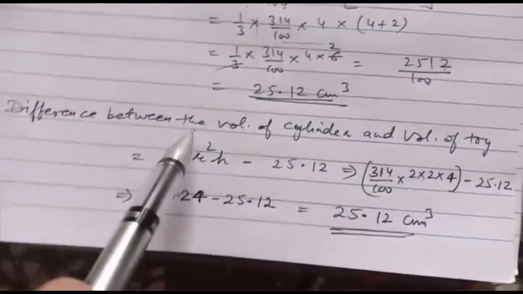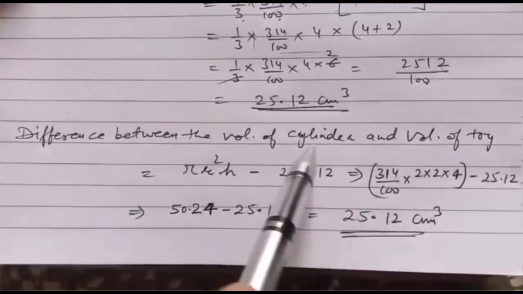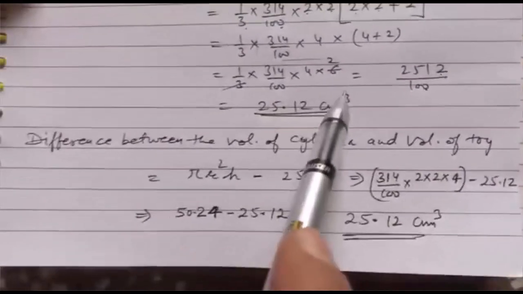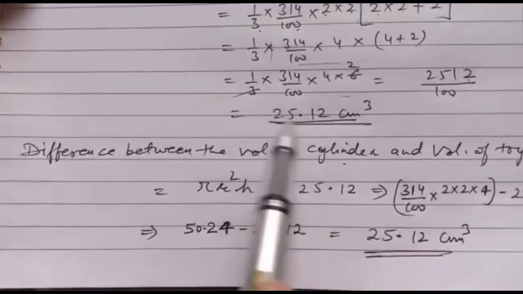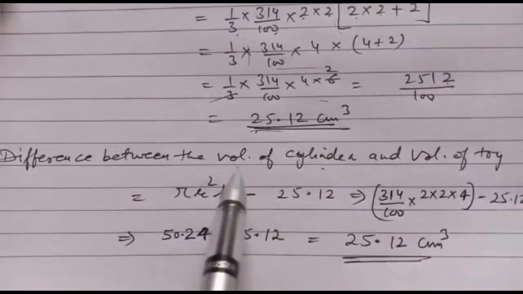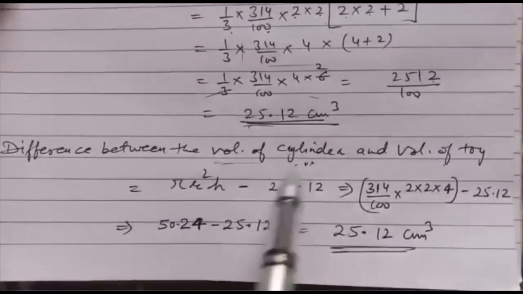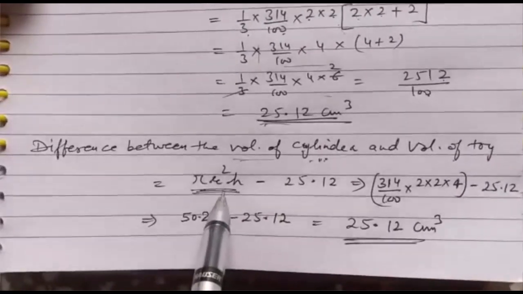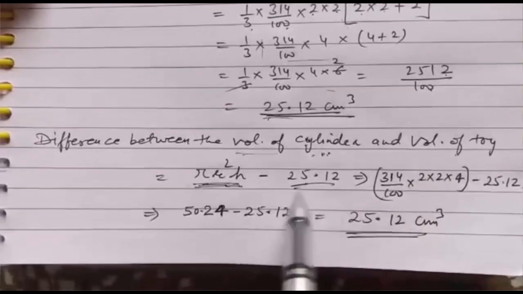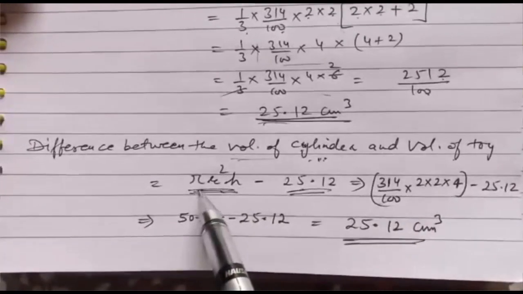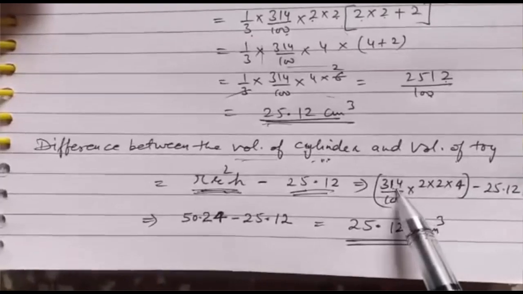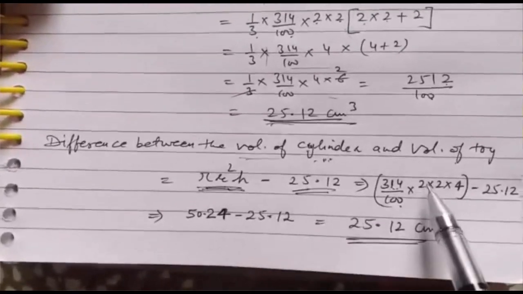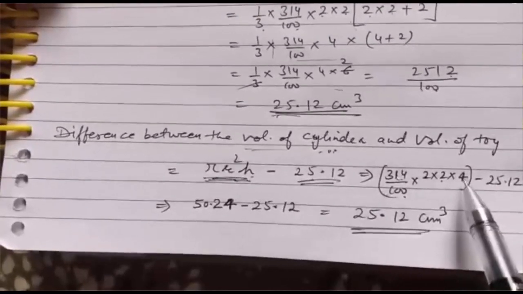Now we have to find the difference between the volume of cylinder and volume of toy. The volume of toy is already there, but we just need to find the volume of cylinder. The formula to find the volume of cylinder is pi r square h, minus volume of toy. Putting the value of pi as 3.14, the radius is 2, so 2 into 2, and the height of the cylinder is 4.